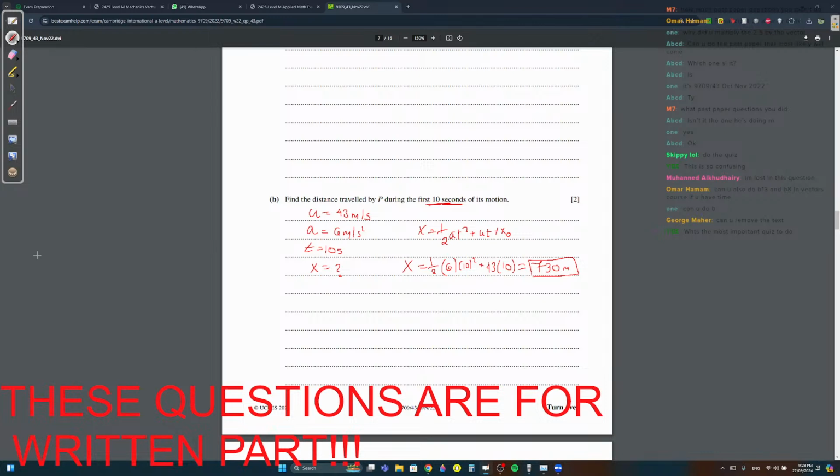Can you remove the text? Oh, okay. I'll remove it. I should have removed it earlier. Was it blocking? Oh, yes, it was. I should have removed it.